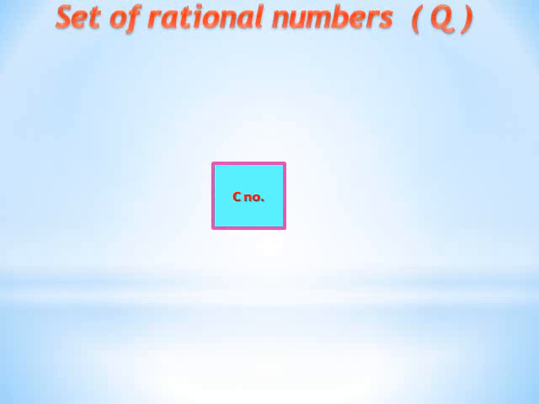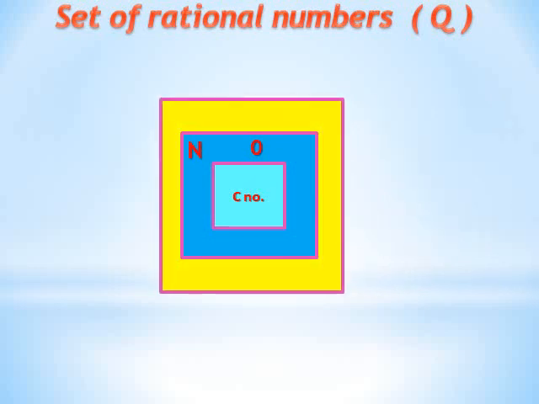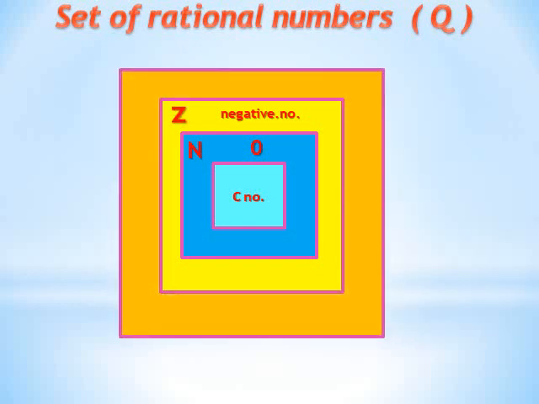So let's make revision about that. Counting numbers, if I modify 0 for it, it's become natural numbers. If I modify negative numbers for it, it's become Z, integer numbers. So if I modify fraction for it, it's rational number.